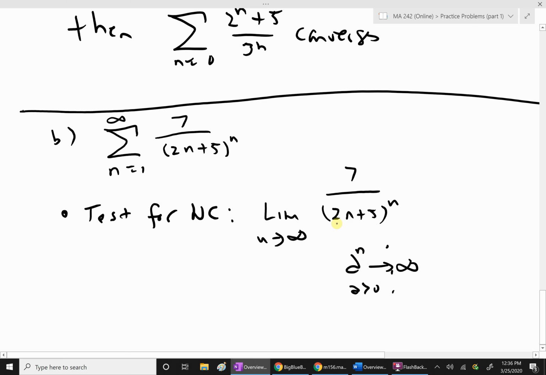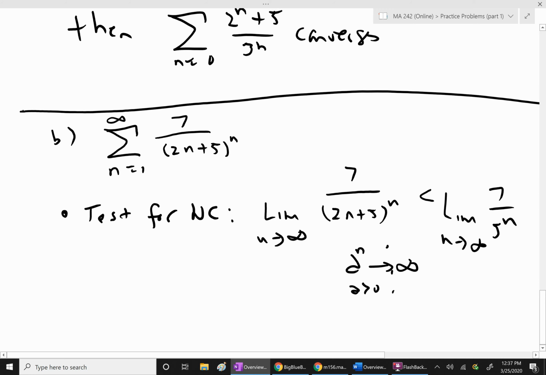If you start at n equal to 0, this is 1. At n equal to 1, this is already greater than 5. So this thing is bounded above by this, and that converges to 0. This has to converge, so this is like a squeeze theorem sort of argument. Okay, all right, good. Test for non-convergence works.